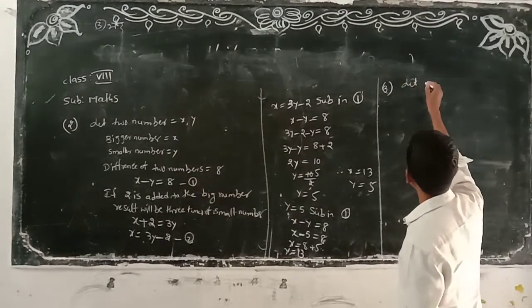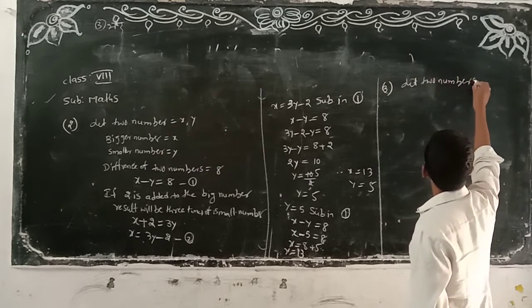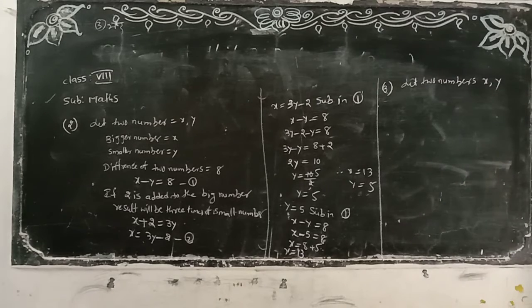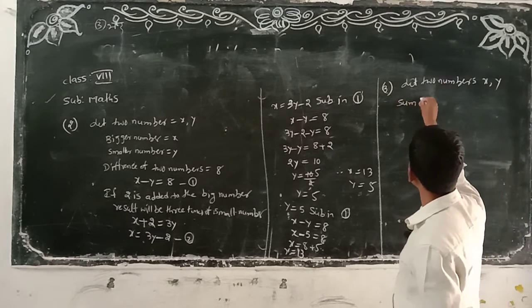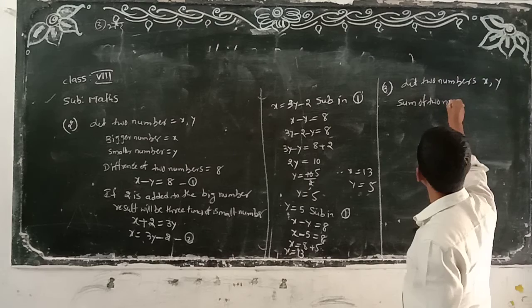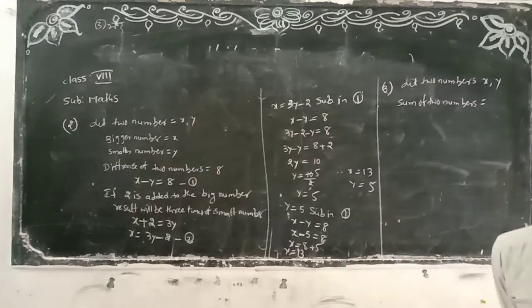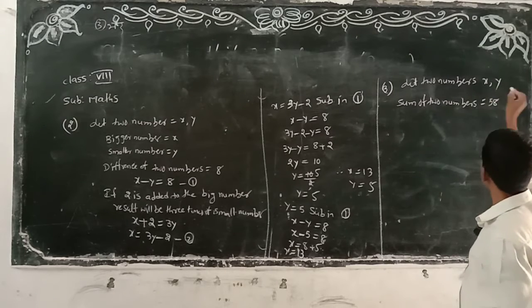Let the two numbers be x comma y. So what is given here? Sum of two numbers is 58.